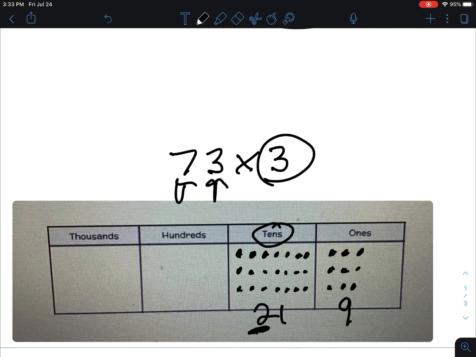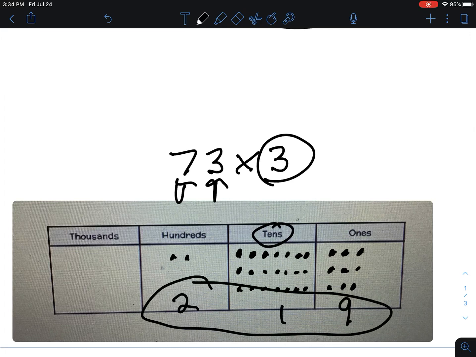So what you do is you take the number that's in front or to the left and you push it over here to the hundreds. You can move the discs over. You don't have to, though. You can just take that number and slide it over, so that 2 is no longer there. So now you're finished.